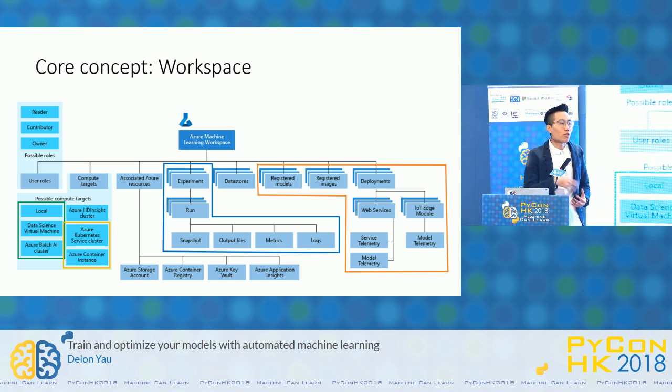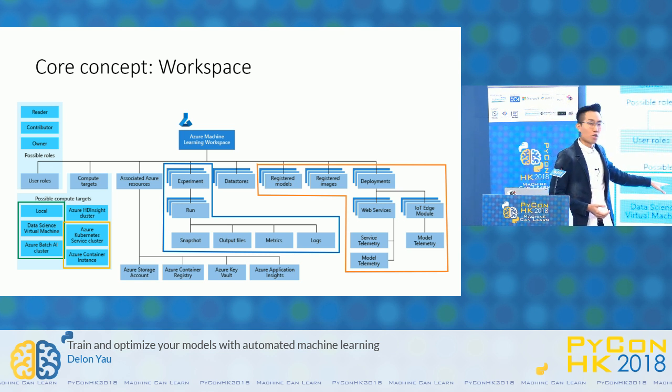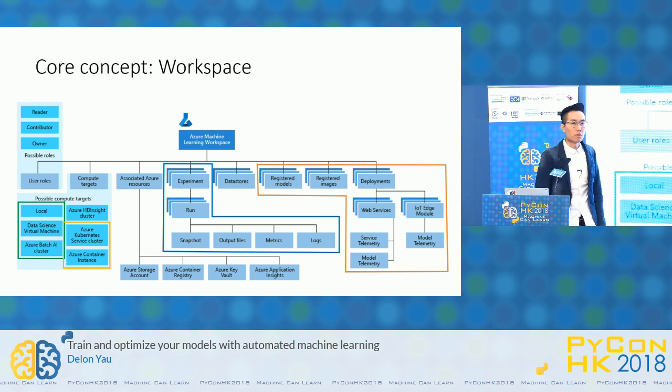If you are dealing with a more static chunk of big data, then you probably want to use an HDInsight cluster. Later on, I will show you how you can deploy your model in a Kubernetes cluster as well. And of course, if you containerize stuff, you can use our Azure Container Service.